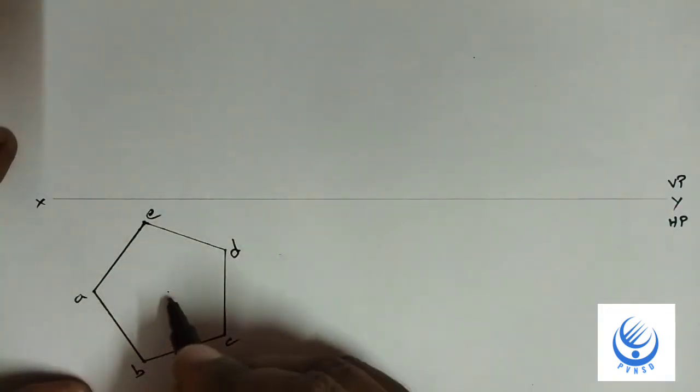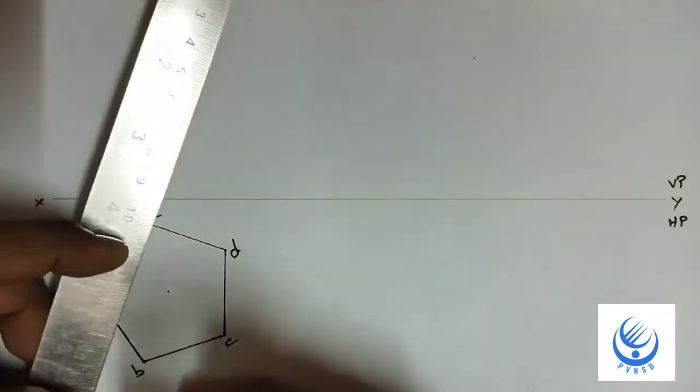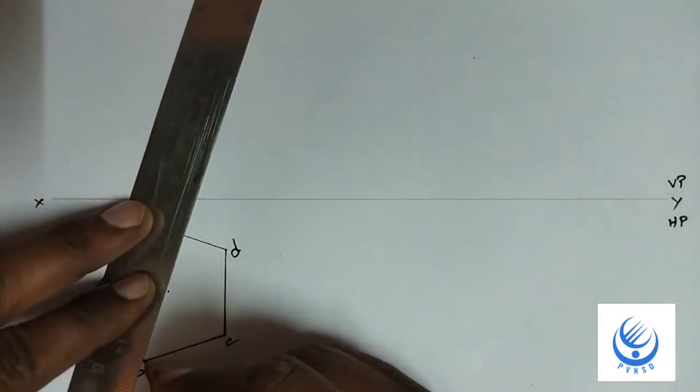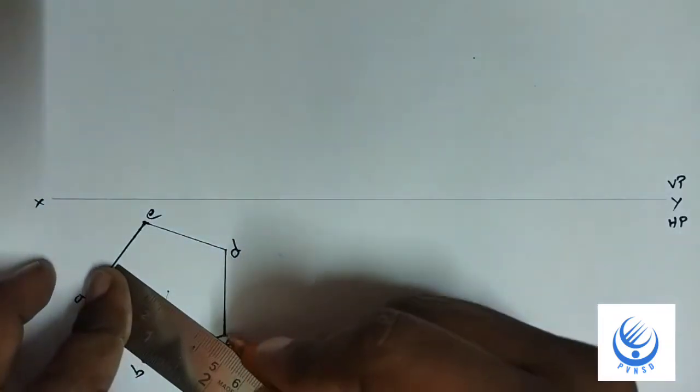Next, mark the center point. This is the center. Next, join the center to each corner, and you will get the center point.